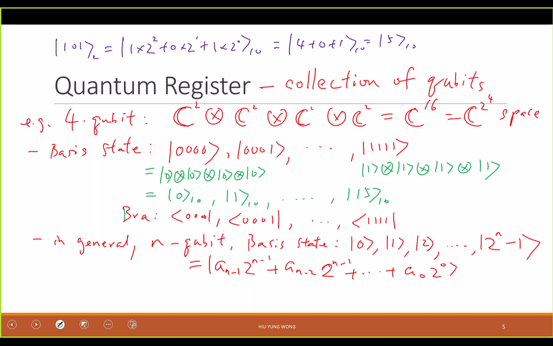That is the meaning of a binary number. You have 4 of them. Why is this 15? Because this one represents 8, this represents 4, this represents 2, this represents 1. So that's why I'm saying the general n-qubit basis state can be written like this. And this a_(n-1), a_(n-2), all the way to a_0 are just this 1, 0, 1, 0. Okay, just want to remind you about this.